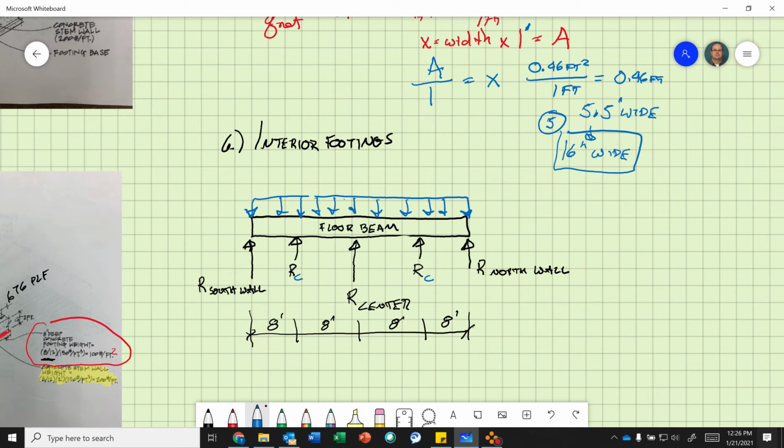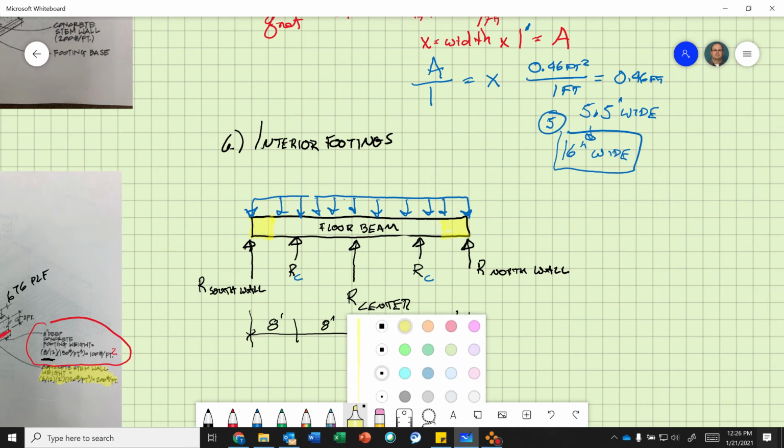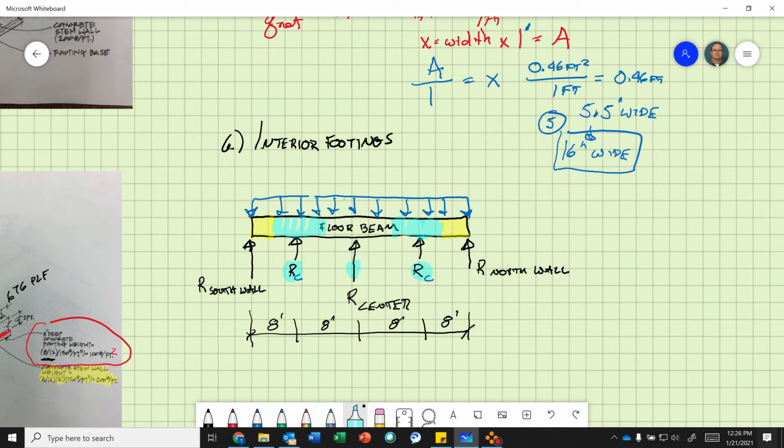Probably pretty much all the same. So these three will. If I look at this quickly, before I do the calculation, only half of this, so 4 feet, comes to the outside wall, and 4 feet of this comes to the outside wall, right? And then the rest of them have to hold 4 feet plus 4 feet. So this column, the center column, and this column all hold the same weight from the floor beam.